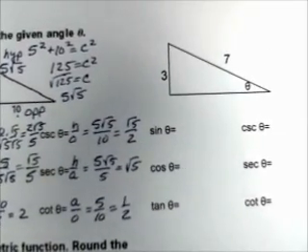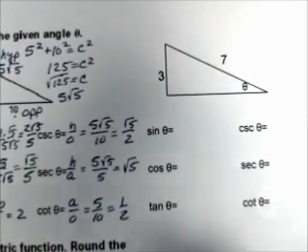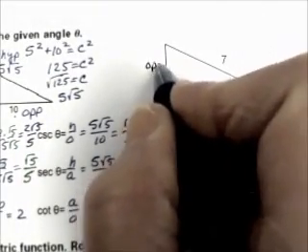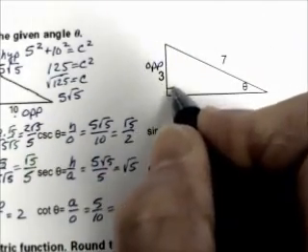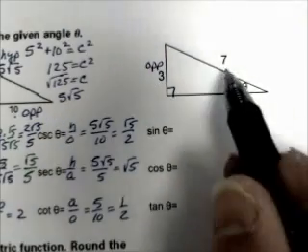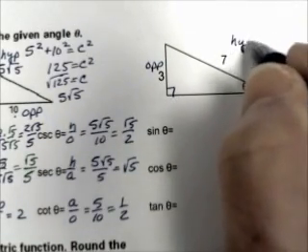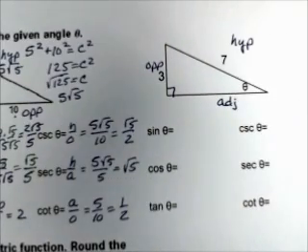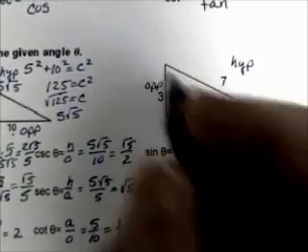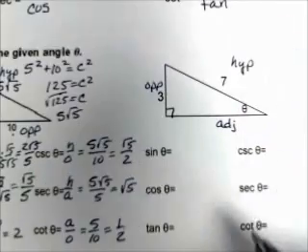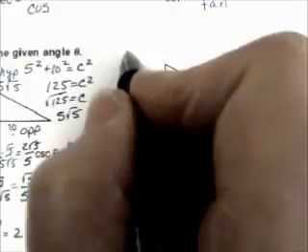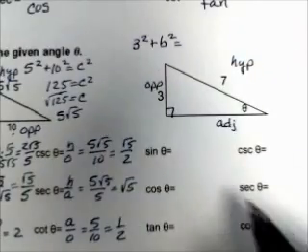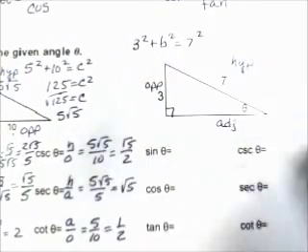Our third one. Here's our angle theta. 3 is opposite it. 7, let's put the right angle in here. 7 is the hypotenuse, and we need to find the length of the side adjacent. Using the Pythagorean theorem, a squared plus b squared equals c squared. 3 squared plus b squared equals 7 squared.